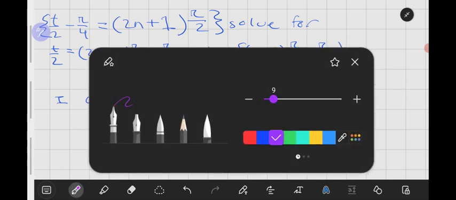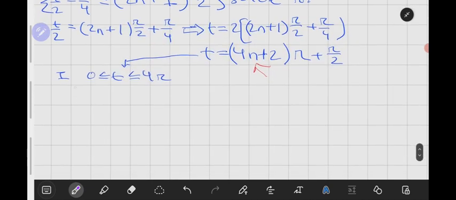So we will rewrite our equality so that we can say t, which is 4n plus 2 times pi plus pi over 2, must be greater than or equal to 0 and less than or equal to 4 pi.